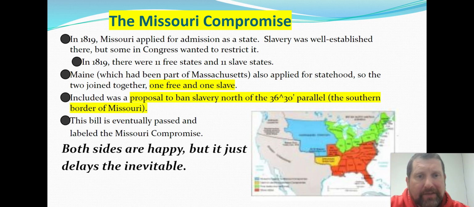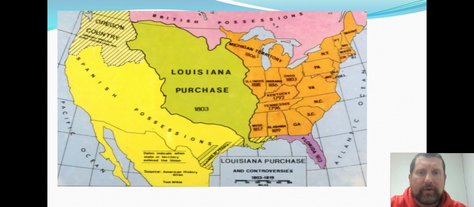And the bill passes, and so both states, Missouri and Maine, become members of the Union at the same time. And both sides are happy. But again, it just kind of delays the inevitable, that we're looking at a series of compromises beginning here on an incredibly contentious issue, which ultimately will become, make no mistake about it, the cause for civil war.